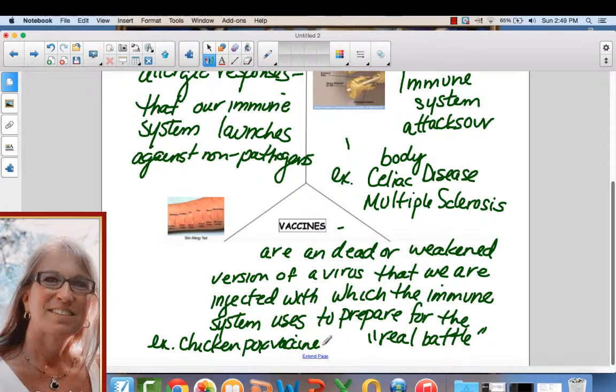It makes antibodies to kill that little bit of virus that you were just injected with. But what it really does is serve as a memory. So say you are subjected to someone that has chickenpox. When your body even gets a whiff of it, you won't get it because it perceives it and just mass produces antibodies. So then you usually do not get the disease.